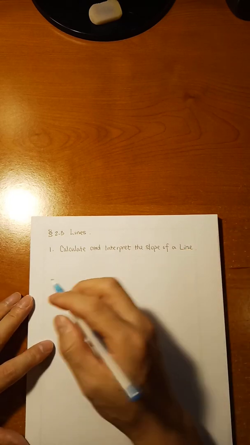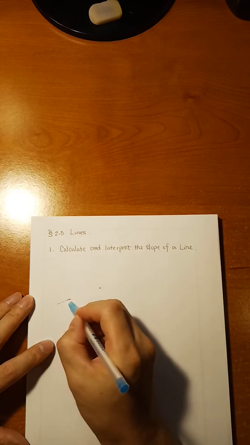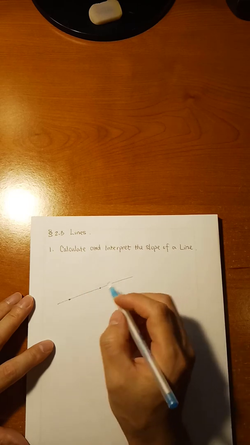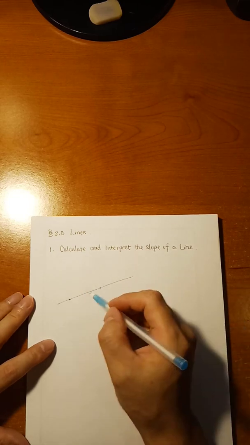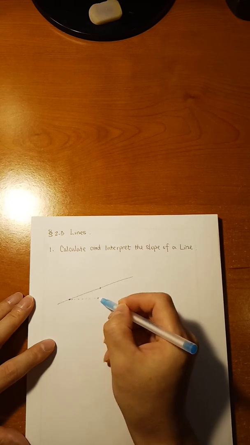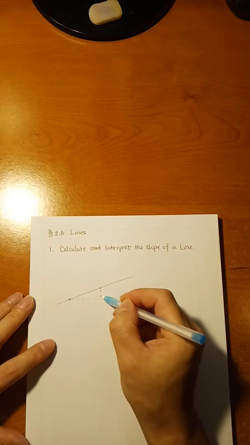So when we have 2 points, 2 points will uniquely determine a line through those 2 given points. And for those 2 points, let's check the horizontal difference. This is the horizontal difference of the 2 points.